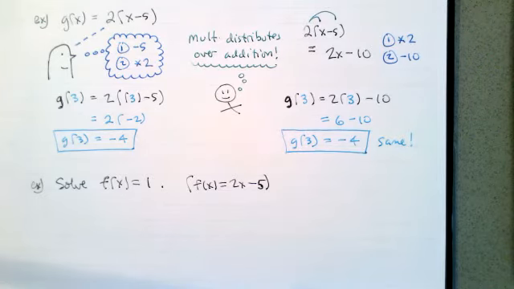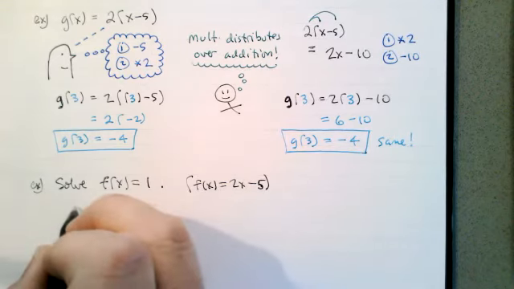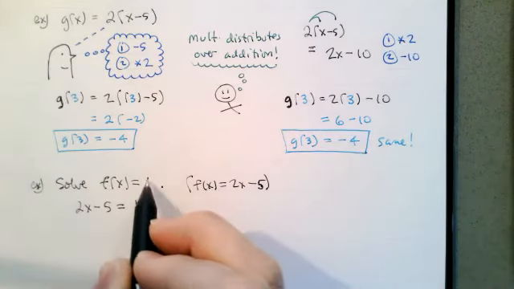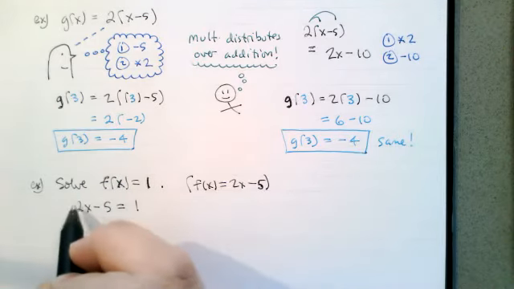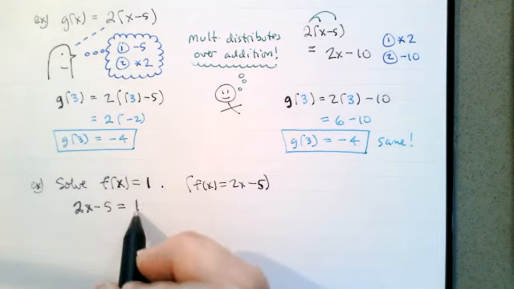What x will become 1 after we multiply by 2 and subtract 5? So we're solving the equation 2x minus 5 is equal to 1. The 1 outside here is an output. I'm trying to figure out what the input is, what goes in the parentheses to make the output 1.